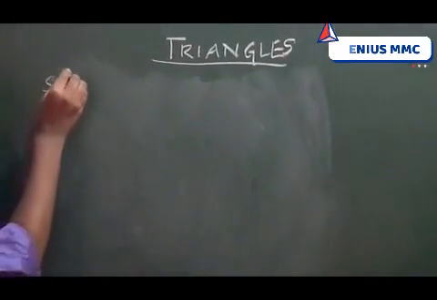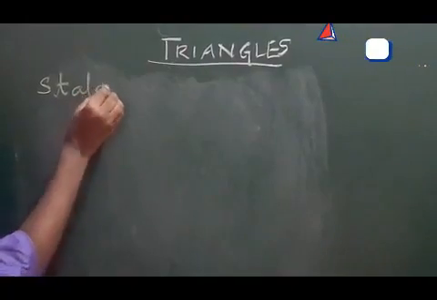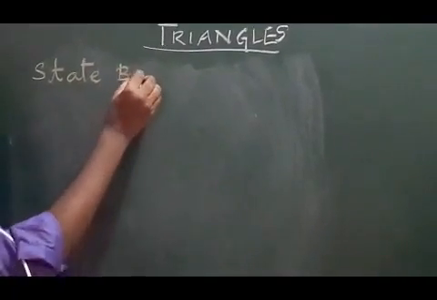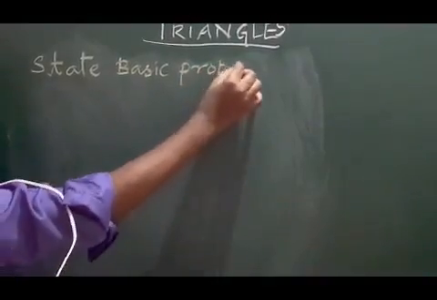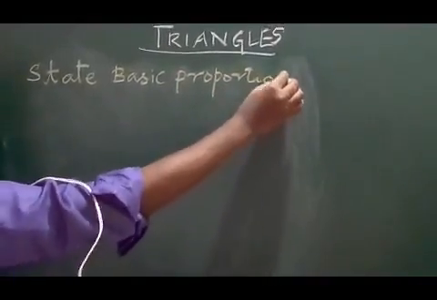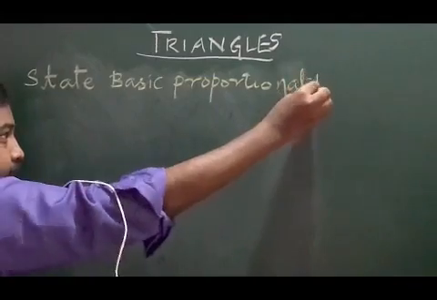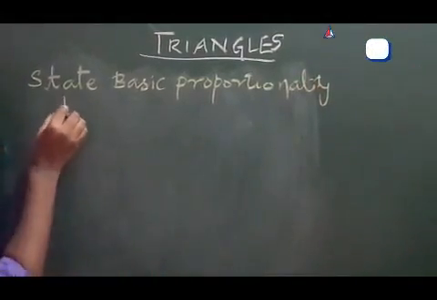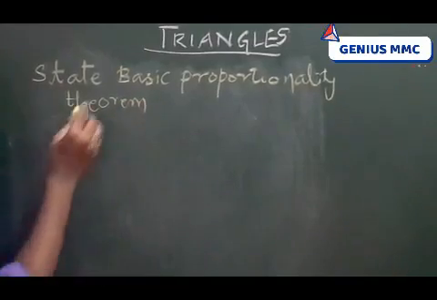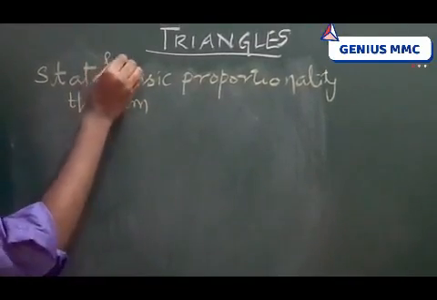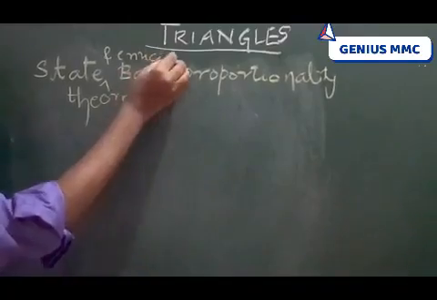This is an activity diagram. So in the exam they will give a question like this: State the basic proportionality theorem. Sometimes they will ask a question like this: State and enunciate.